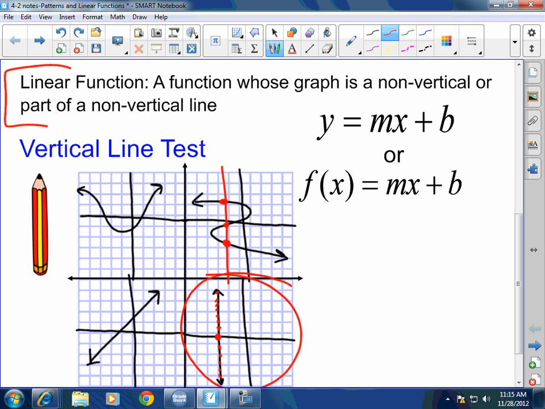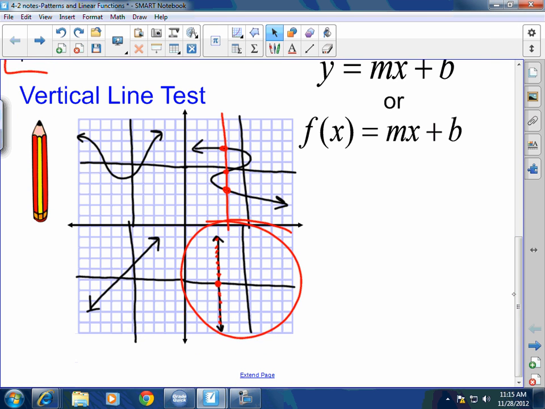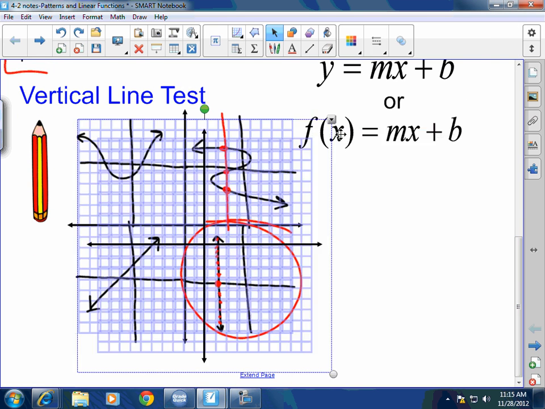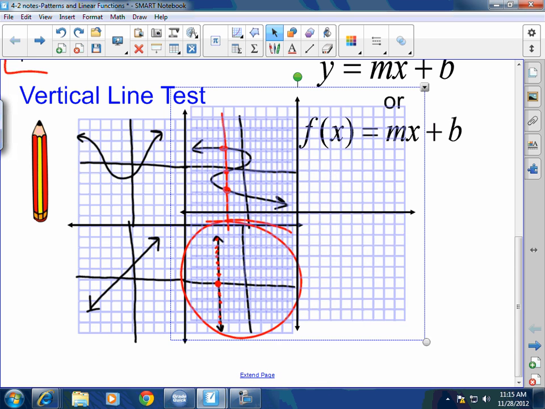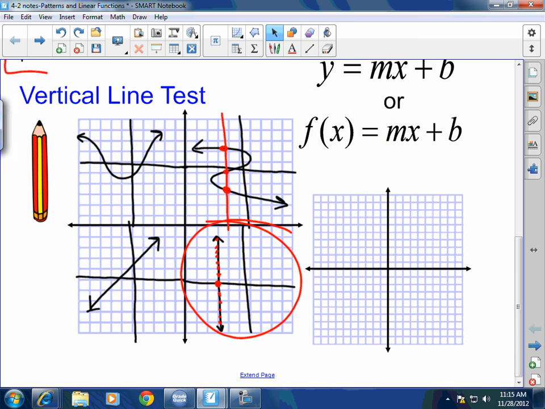Okay, what's the problem? A vertical line is not a function. Look, if I go ahead and draw a line here on this x, for this green x value, don't I have a y value here and here and here, and so on?